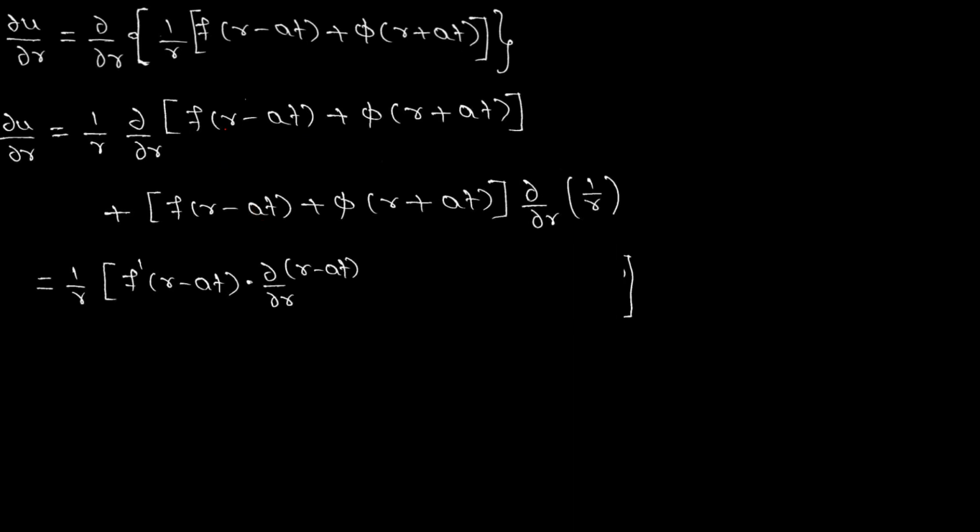Let us write dou by dou r of inside function as it is, plus differentiation of phi gives phi dash into differentiation of r plus a theta, that is dou by dou r of r plus a theta we write here.